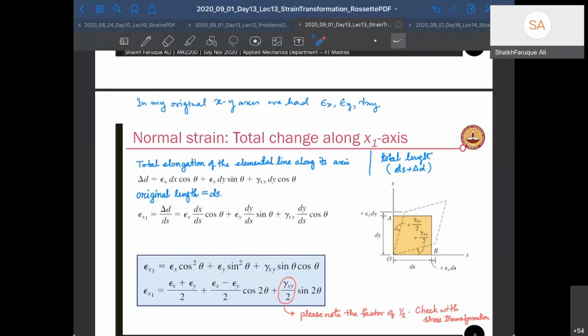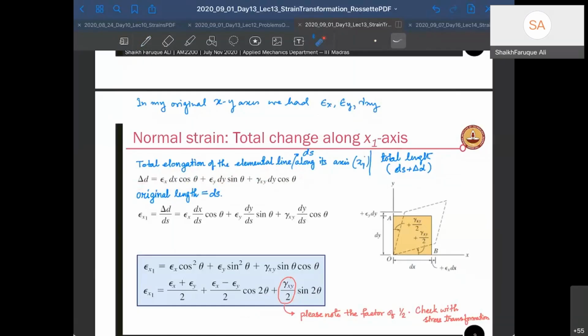So my total elongation of that elemental line, which was the diagonal line ds, along the x dash axis, is going to be the summation of all those things, because all of them are elongation. There was no reduction in length. All of them are extension in length. So delta ds is going to give you this, which is due to epsilon x, this one, this is due to epsilon y, this one, and this is because of the shear gamma xy.